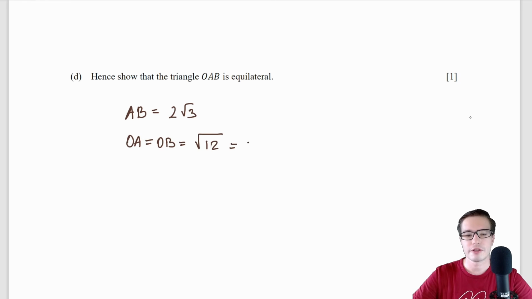Now we can always write the square root of 12 as the square root of 4 times 3, and the square root of 4 is 2. So we've got 2 times square root of 3. Now all the sides of the triangle are equal. Therefore it is equilateral.